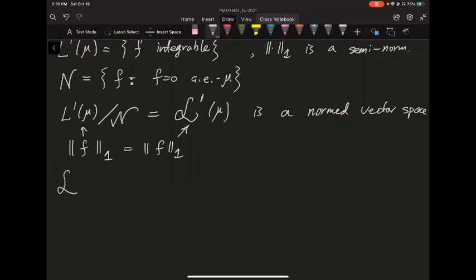In the next video, in the last part of this lecture, we're going to show that this L1 of mu is complete. The proof is where we actually need to use some limit theorem of these L1 functions, and that's where we need the Lebesgue dominated convergence.